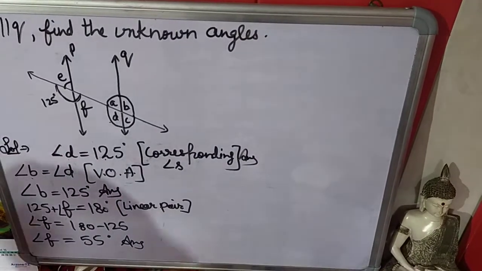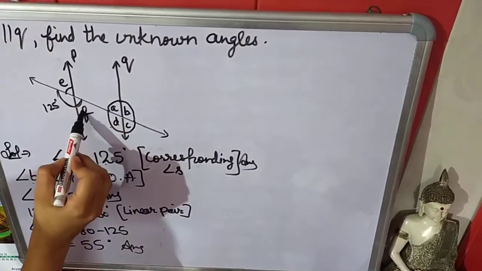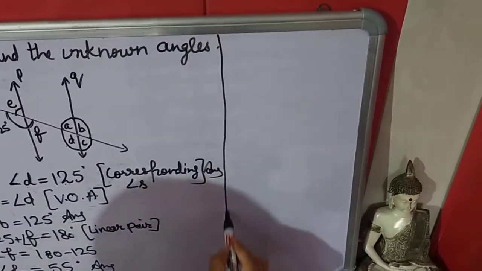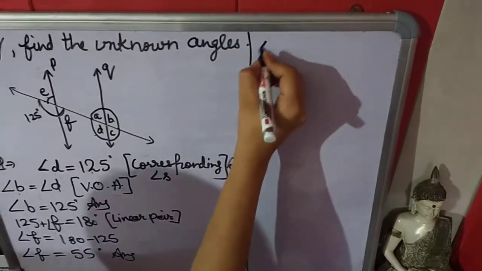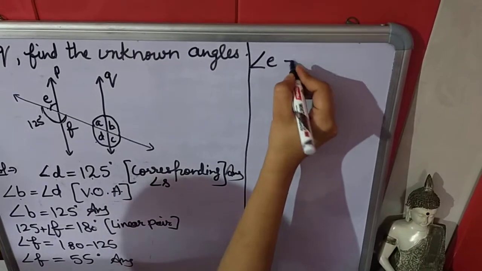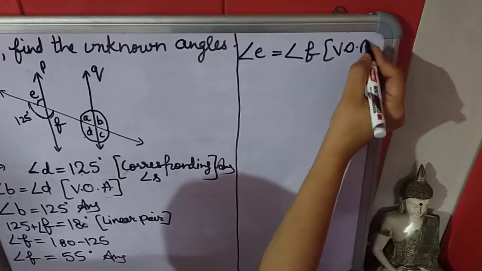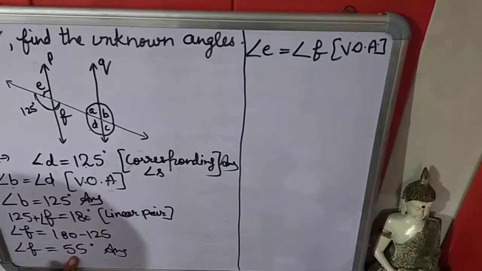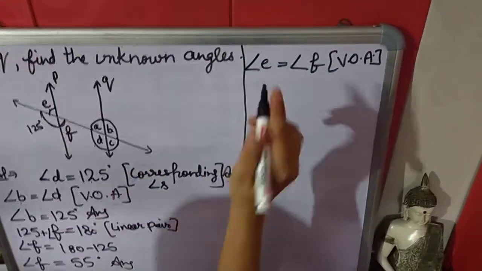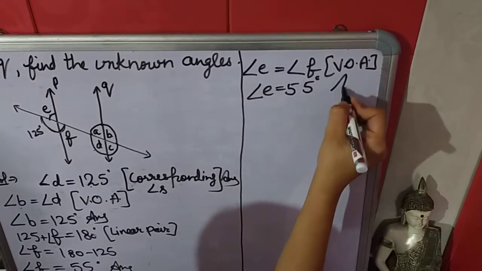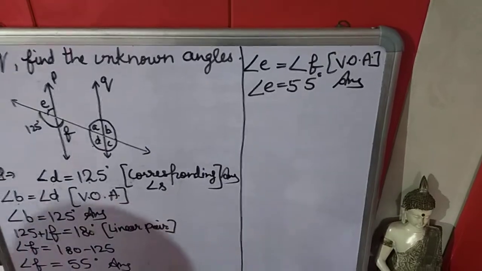Now angle E and angle F both are vertical opposite angles. Angle E is equal to angle F. Reason is vertical opposite angles. What is the value of F? 55 degree. So angle E will be also 55 degree. Clear?